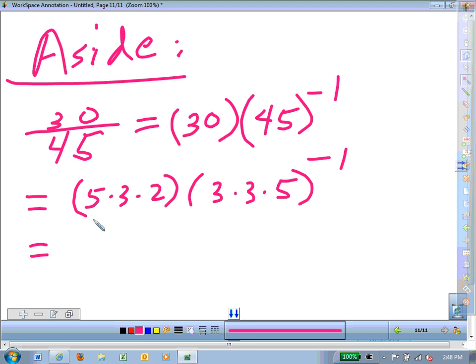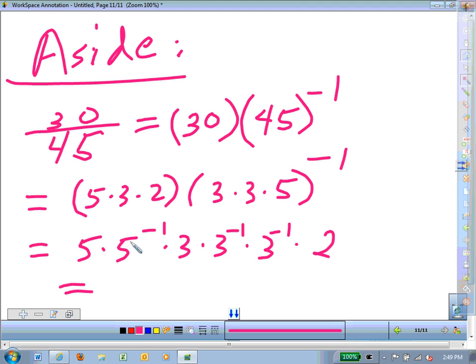As we would look at the fives, we have 5 times a 5 with a minus 1, right? And then I get a 3 times a 3 with a minus 1, another 3 with a minus 1, and a 2. But if I add exponents, what do I get? 0, 0, 3 to the minus 1 times 2.